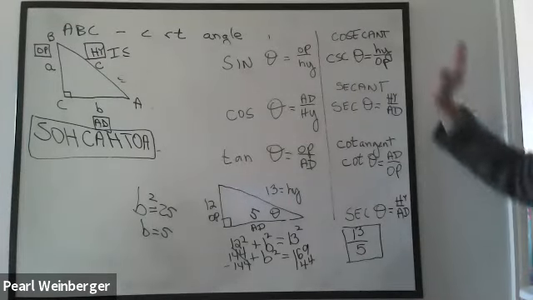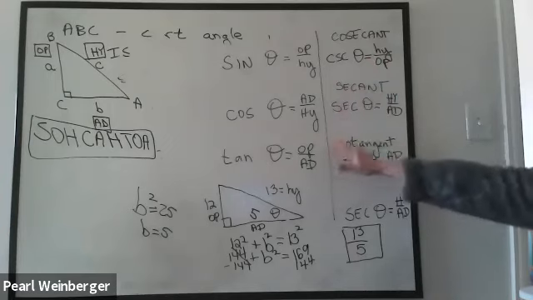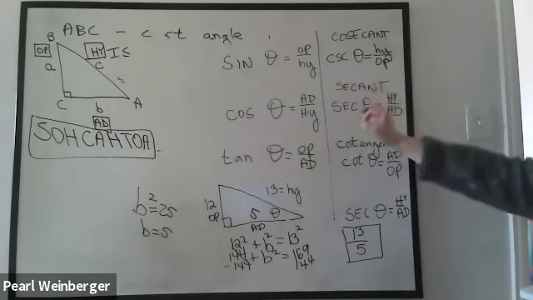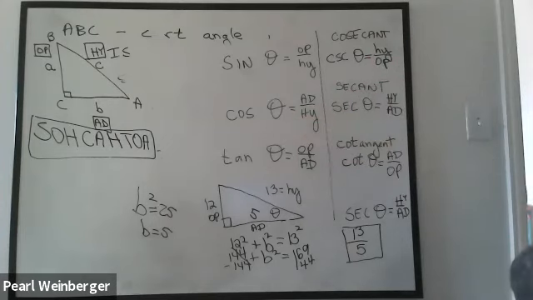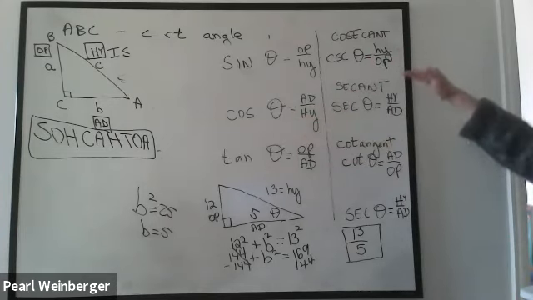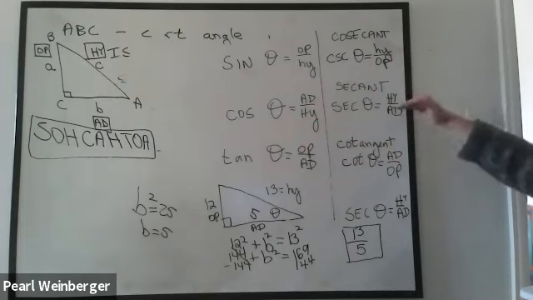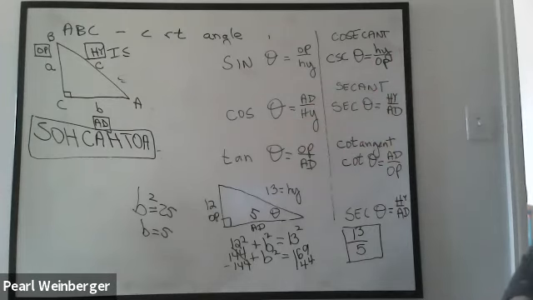That's your main homework, to know the definitions. What is the sine, the cosine, and the tangent, which you can remember from SOHCAHTOA. And what are the cosecant, secant, and cotangent. And you should be able to do these type of problems.